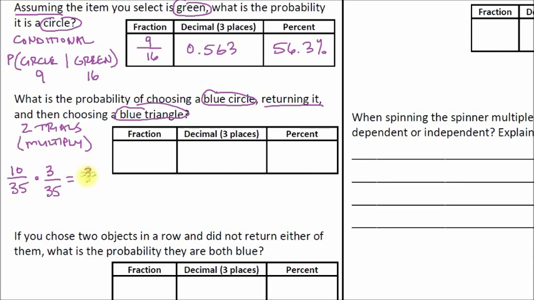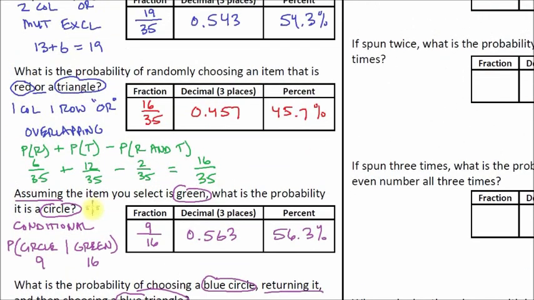And we're going to get 30 divided by, we have to multiply 10 times 3 is 30. And remember, when you multiply, don't make the mistake, class, of just writing 35 here. That's if you add the fractions like we did up here. Take a look. When we're adding and subtracting fractions, the denominator has to be the same, and we don't ever change it.